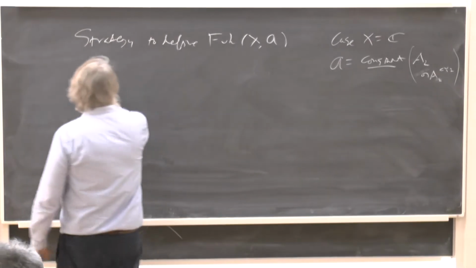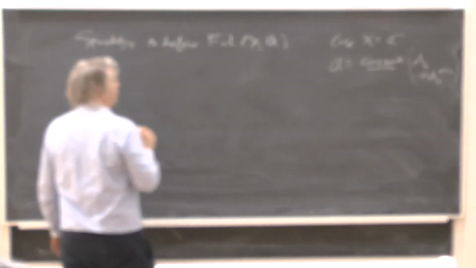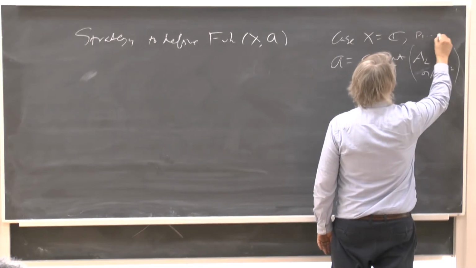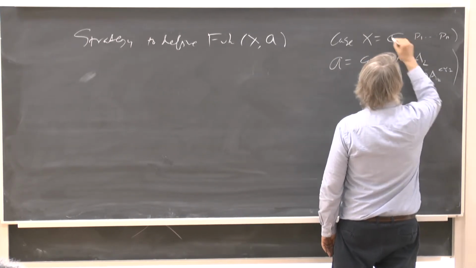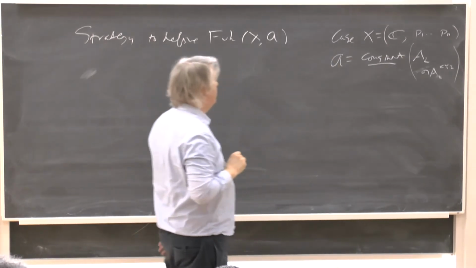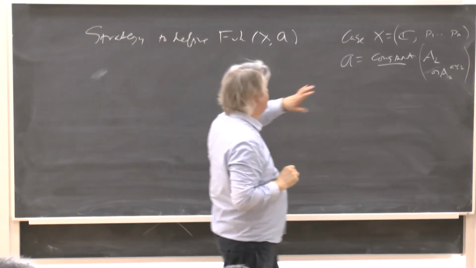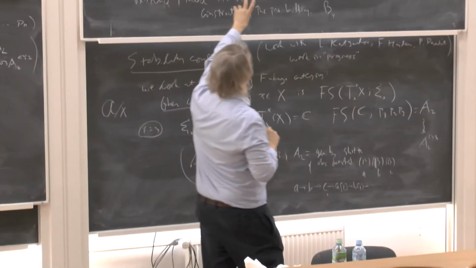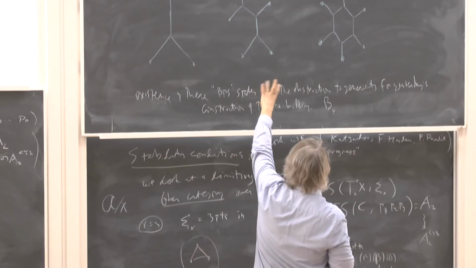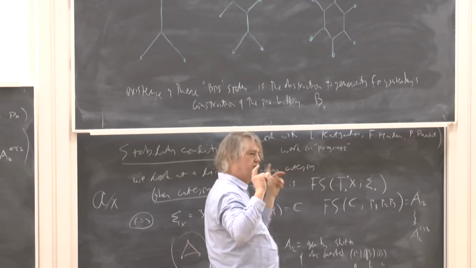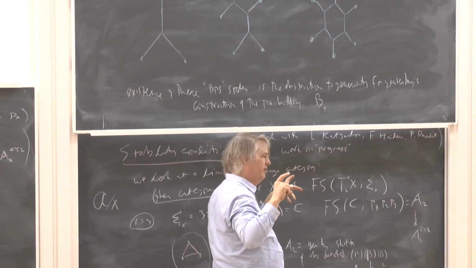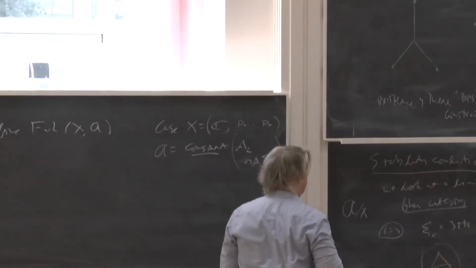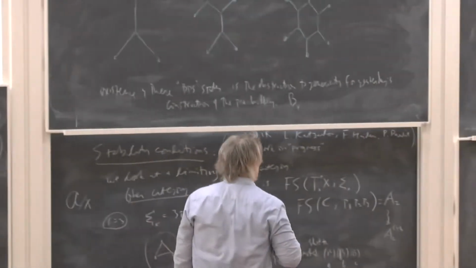So what's the strategy? The strategy is to, however, fix some endpoints. So now in the case where A is a constant sheaf, but we fix some endpoints, that means that our spectral networks are not supposed to end at these branch points, but they're supposed to end at our fixed specified set of endpoints. So all those pictures were gone in that situation.